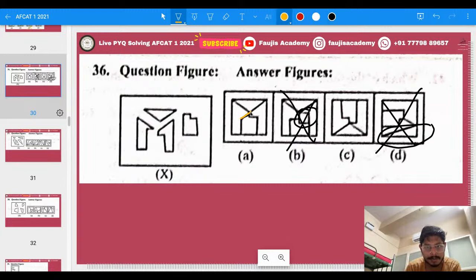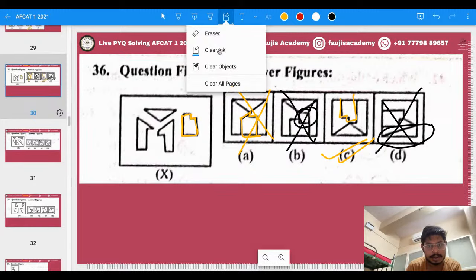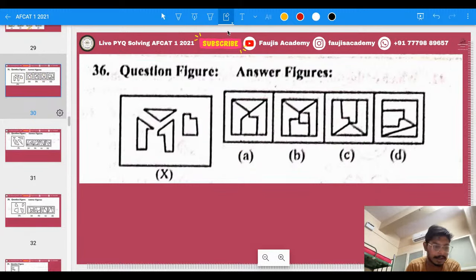We need this one, which is there in this. So we will go ahead with C. We have a triangle as well, and we have all the others as well. A, B, and D are not possible. Only C is possible over here, guys. If you want to look at it more carefully, we can go ahead and do that.